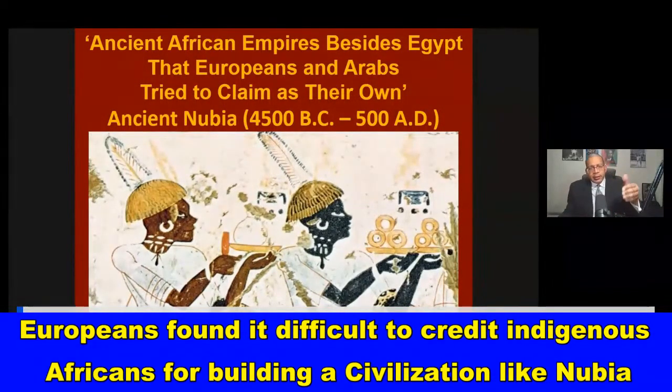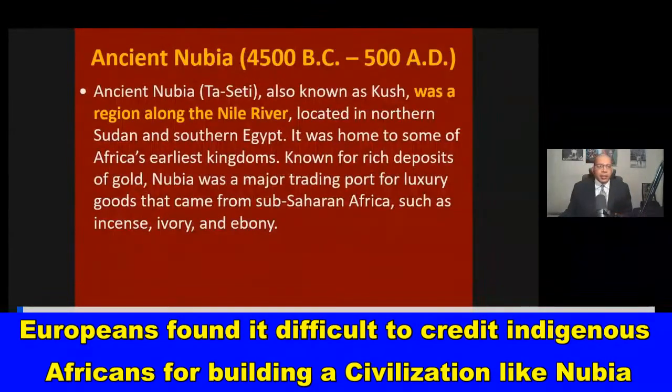And Nubia is the mother of ancient Kemet, or ancient Egypt, and Abyssinia or Ethiopia is the grandmother. So to understand ancient Kemet, ancient Egypt, you have to understand Nubia and understand Ethiopia.